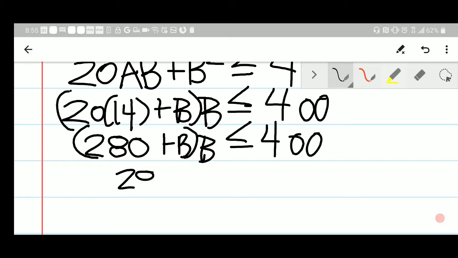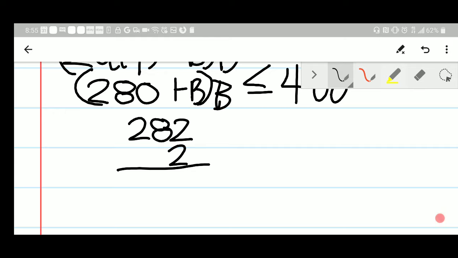This is by hand, so this is how it works. So it's not 3, so it's 2. So 282 times 2, and that's 4, 16, 4, 5. Well, 2 is too much. So the next number is 1.